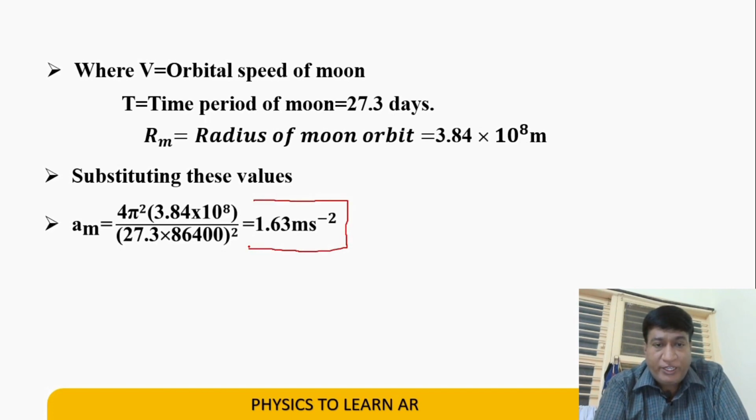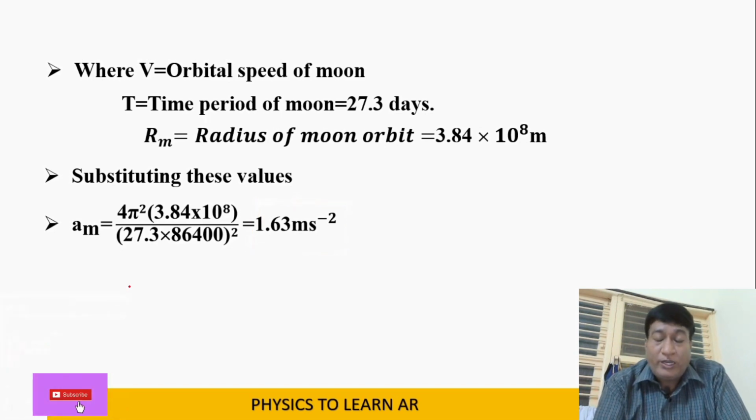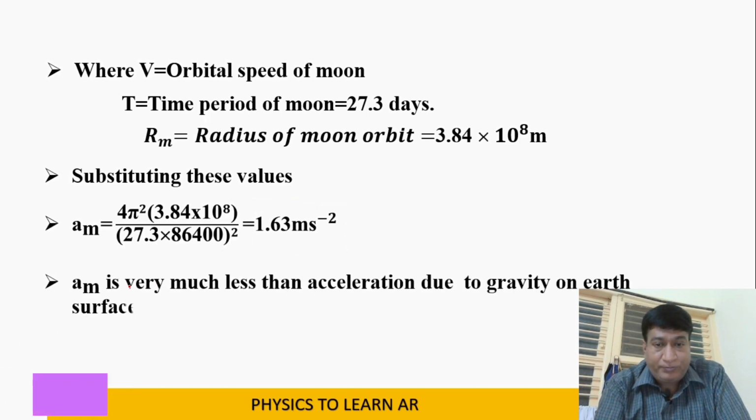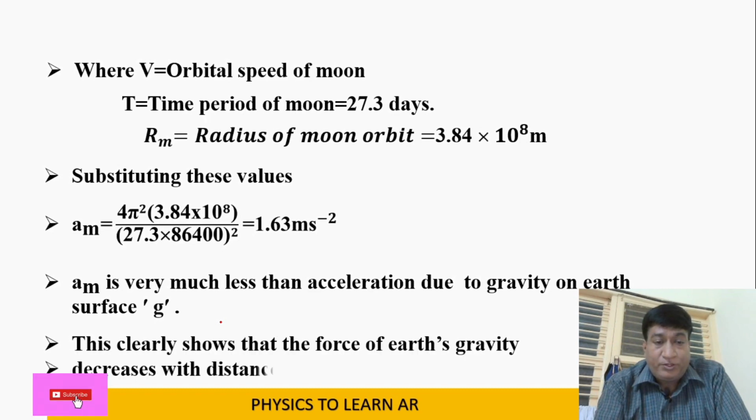The acceleration of earth is 9.8 meter per second square. So the acceleration of the moon is very small when compared to the acceleration of earth. am is very much less than g, the acceleration due to gravity on the surface of the earth.